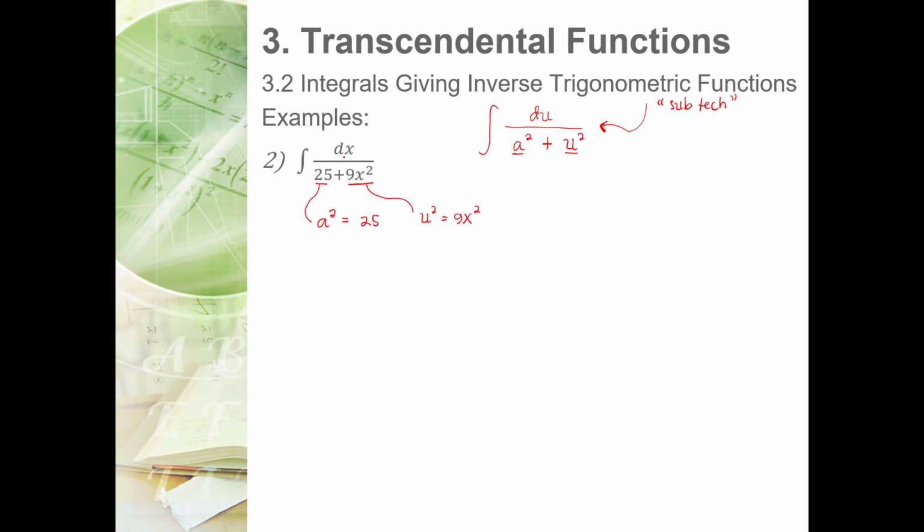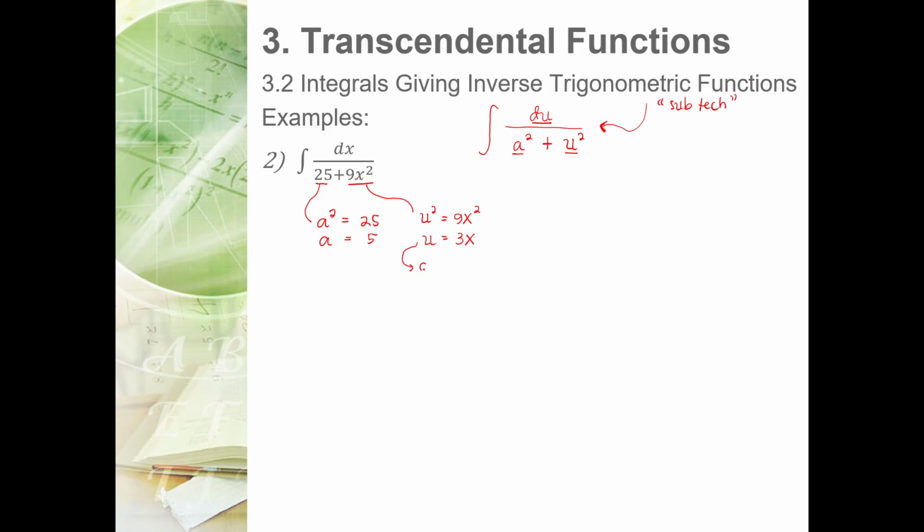So next is du. Before we reach du, let's try to get the square root of your a squared and u squared first. So a is equal to 5, then your u is equal to 3x.